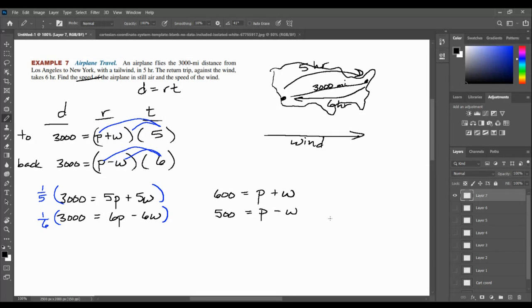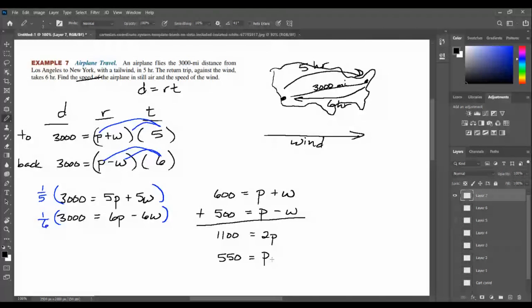So now you can see I have made it so that I can just add these two together and the w's will be eliminated. 600 plus 500 is 1,100. P plus P is 2P. W minus W is 0. Divide by 2, and P equals 550.